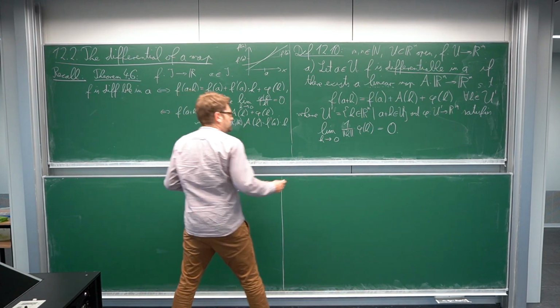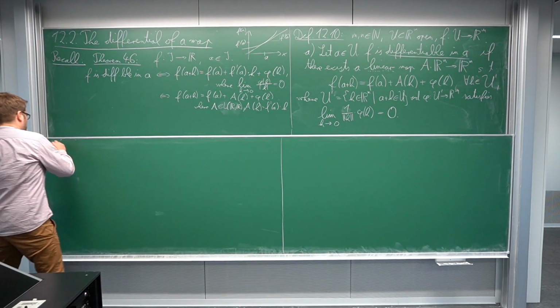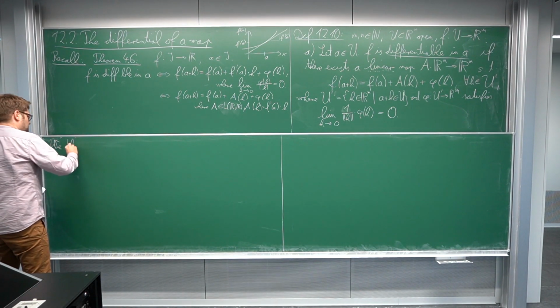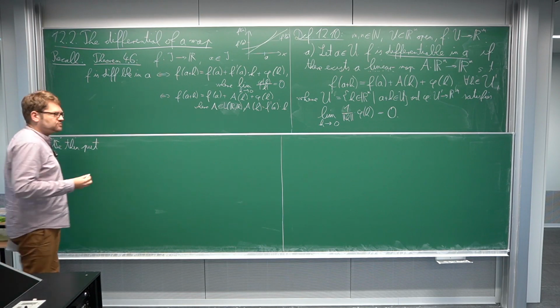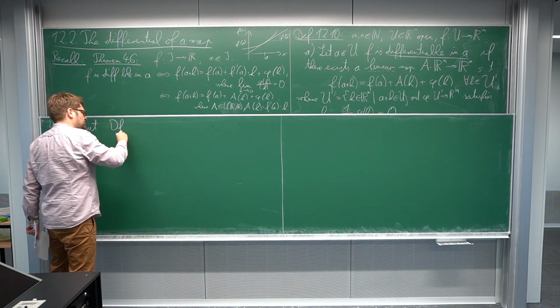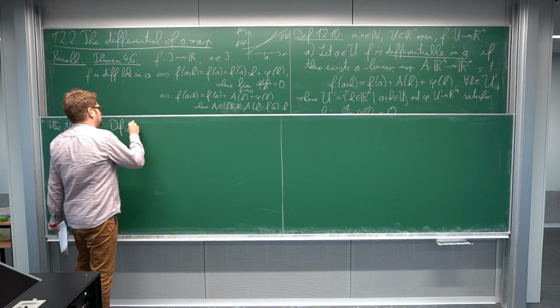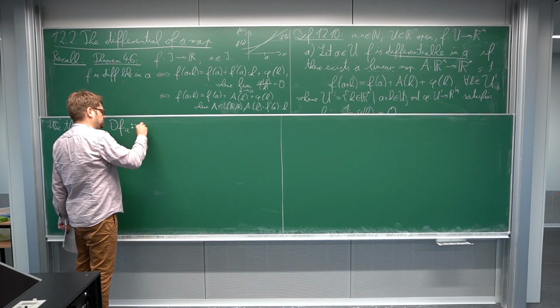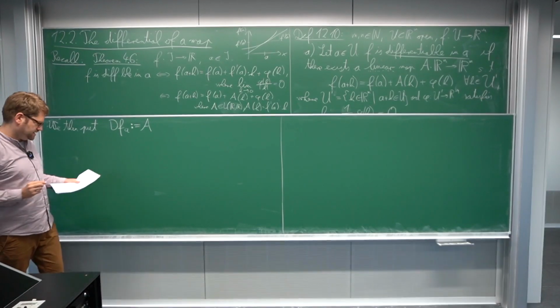We then put, and here it's also the case that several notations are used, different books use different notations. My notation will be capital d f with an index a for the point. Of course, this depends on the point. This is the notation for this particular linear map with respect to a.